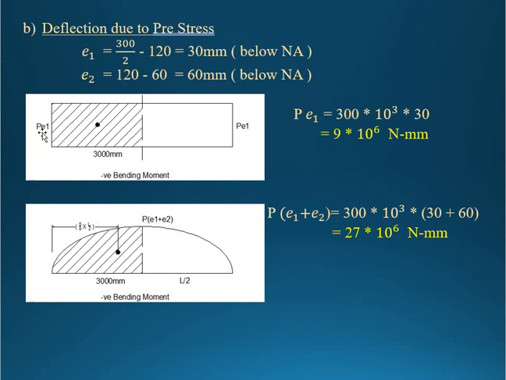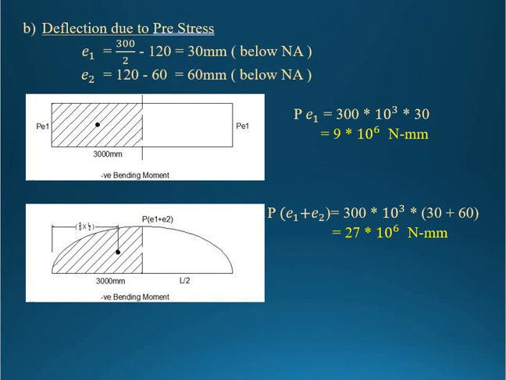And about this, as we are considering E1, it will be P into E1. The complete length of the beam is 6 meters, half of that will be 3 meters. Convert that into mm, it will be 300 mm.